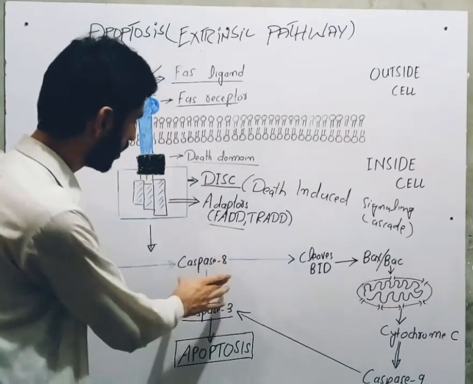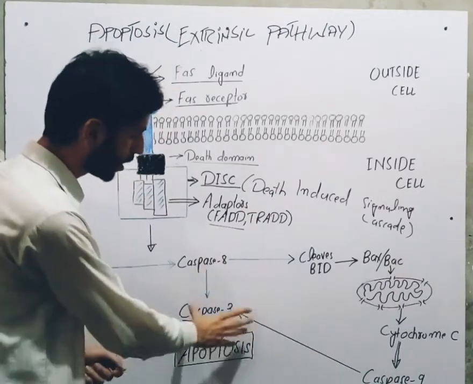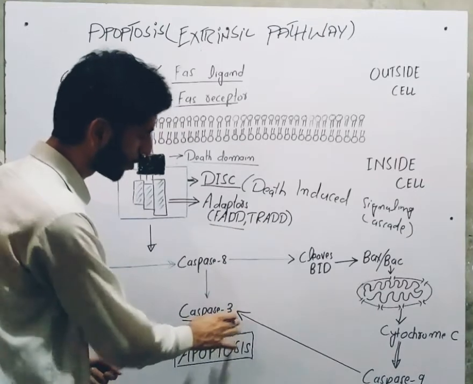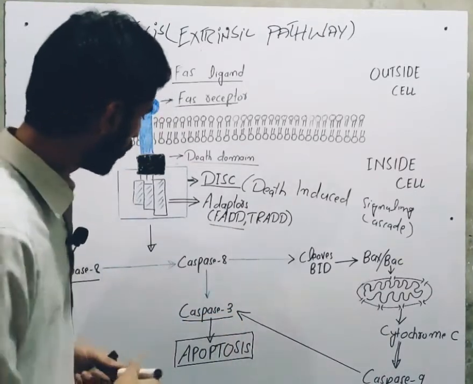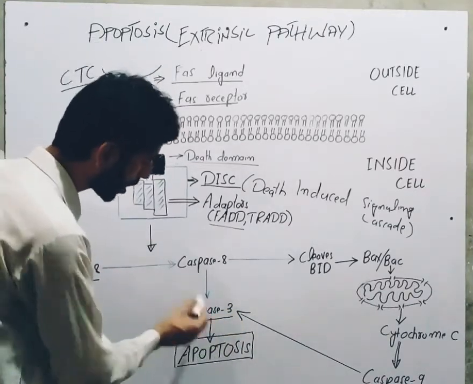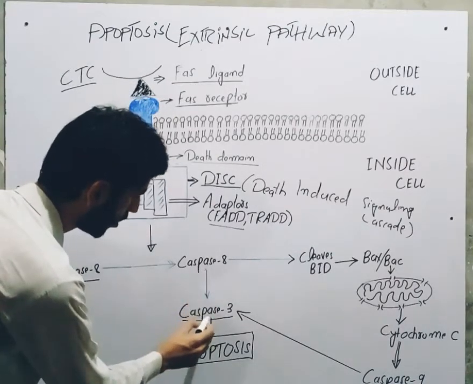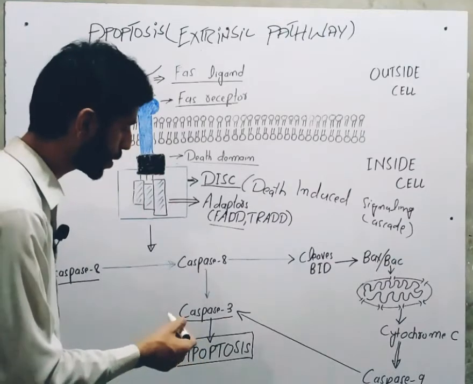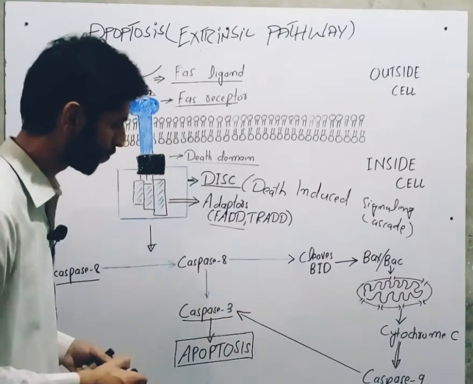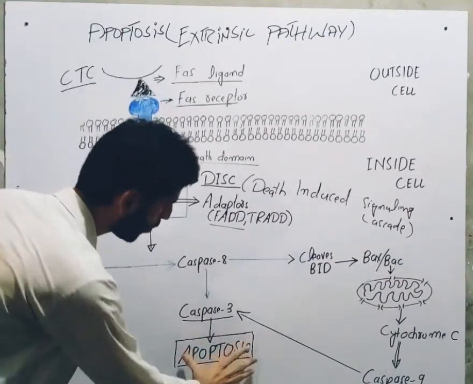So ultimately, for apoptosis, these caspases must be activated. So caspase 8 activates procaspase 3 into caspase 3, and ultimately apoptosis occurs.